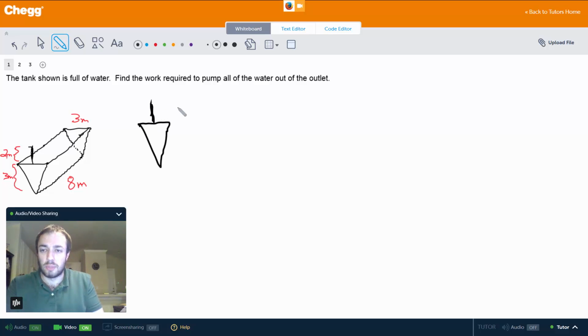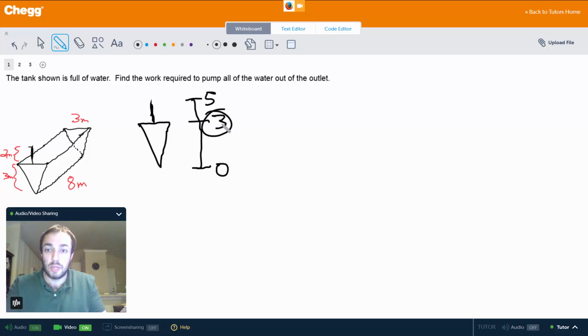Then we set up a coordinate system that goes from here to here, and I want to put 0 on the bottom. If 0 is down here, then this is 3, because the tank is 3 meters tall, and 2 meters above that, the top of the spout has to be 5. We could have put 0 at the top of the tank, then this would be 2 and that would be 5, which would be fine, but I feel that would complicate a piece of the problem later on.